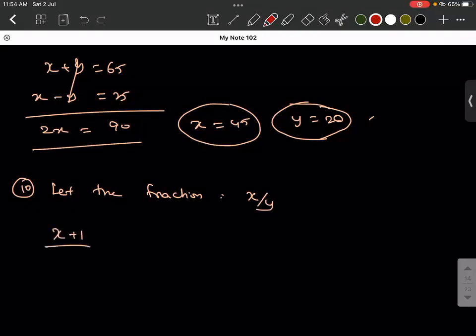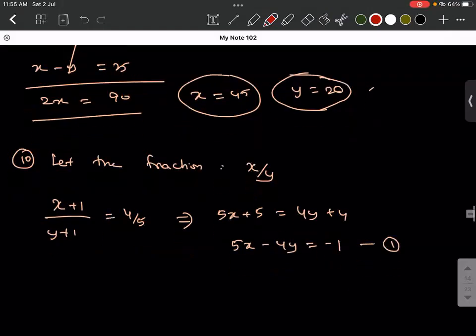So x plus 1 by y plus 1 becomes 4 by 5, which implies 5x plus 5 is equal to 4y plus 4. Did you understand that? So 5x minus 4y is equal to minus 1, equation number 1.